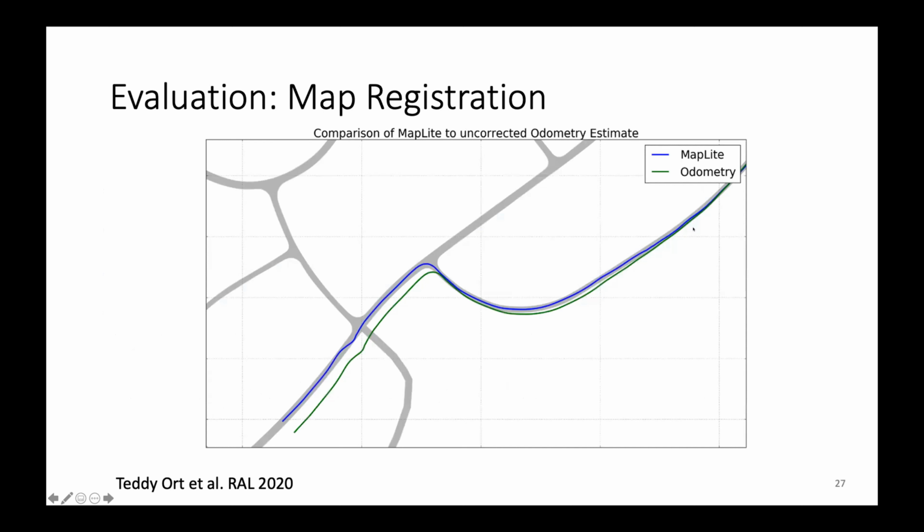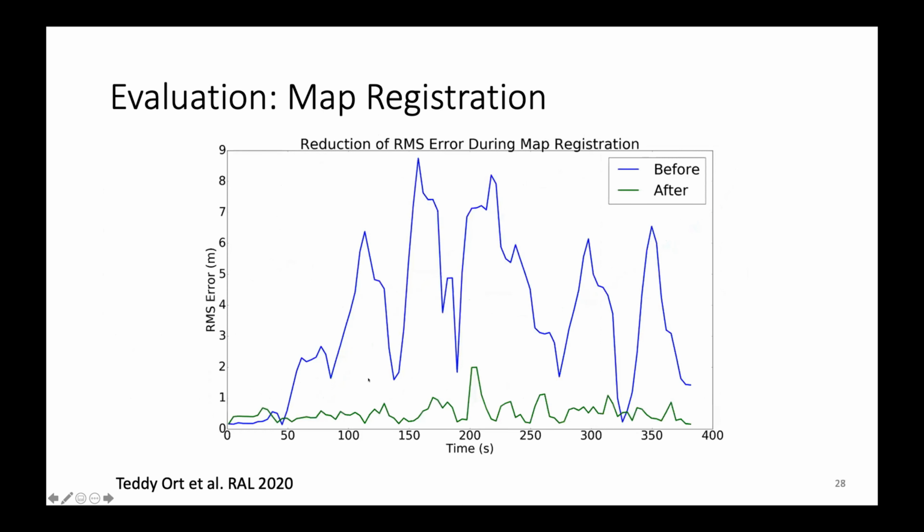And the map registration module seems to be the most critical module in all of our analysis. If you don't have a topometric registration module, the odometry estimate drifts quite a bit as you progress along the route. So this is again just a graph to show what would have transpired if you hadn't applied the topometric corrections.